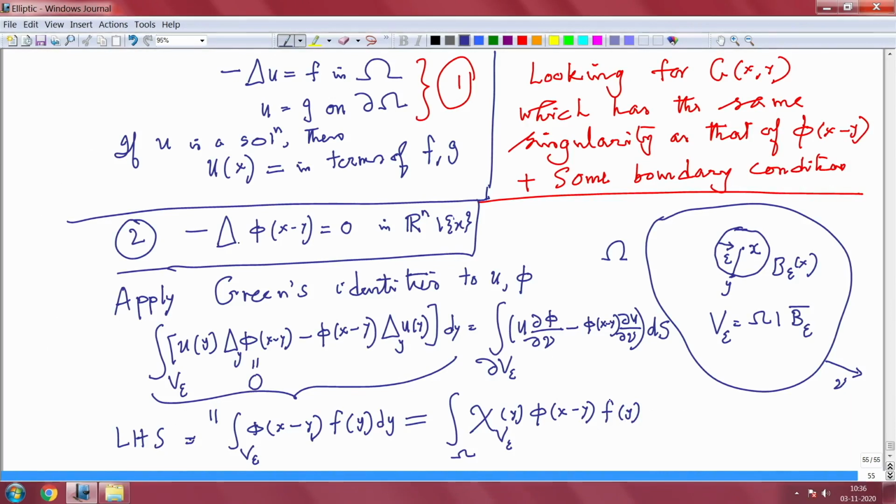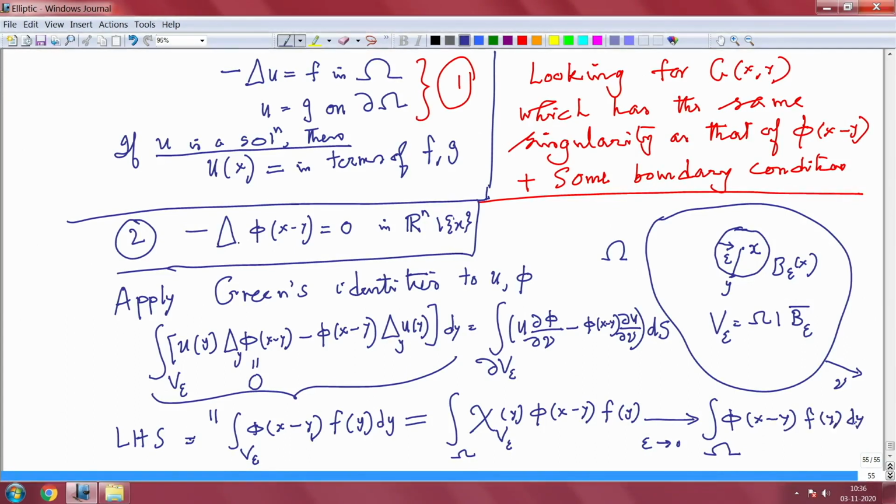We are already assuming some smoothness: u is a smooth solution, a C2 solution, that is what we assume. You are trying to derive this, and you can apply the theorem because this converges pointwise to this quantity, and is bounded by an integrable function, because phi is integrable there. As epsilon tends to 0, this goes to the integral over omega of phi of x minus y times f of y dy.